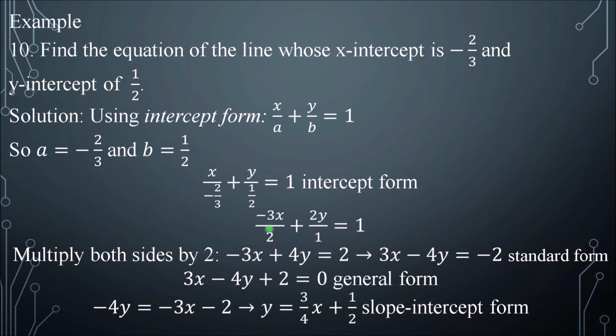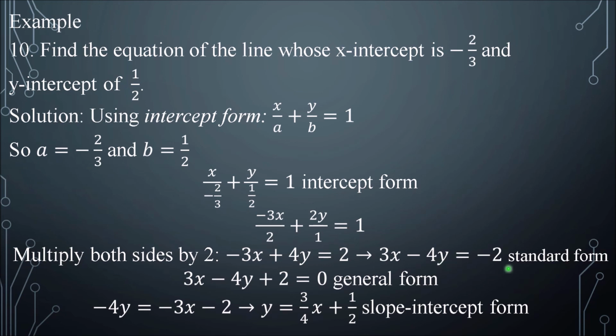And then, to make this negative 3x positive, we multiply it by negative. So we multiply all sides by negative 2. So negative 2 times negative 3x over 2 is 3x. And then we multiply negative 2 by 2y over 1. So that's negative 4y.